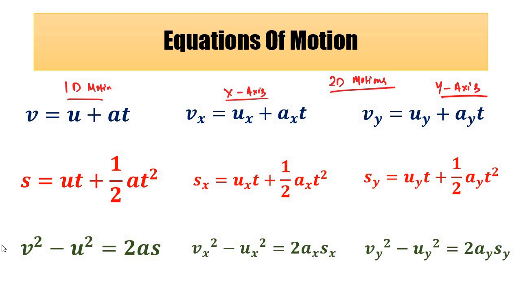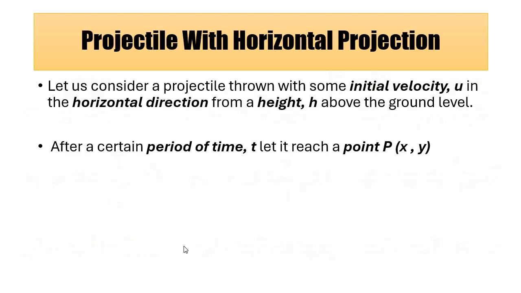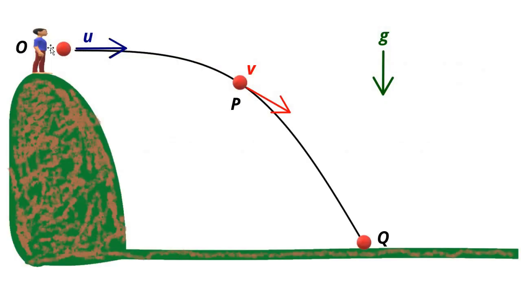You can watch that. Now, the case which we are studying is projectile with horizontal projection. Let's say we have an object, a ball, a stone, or anything. We are standing on the top of a hill or a cliff.